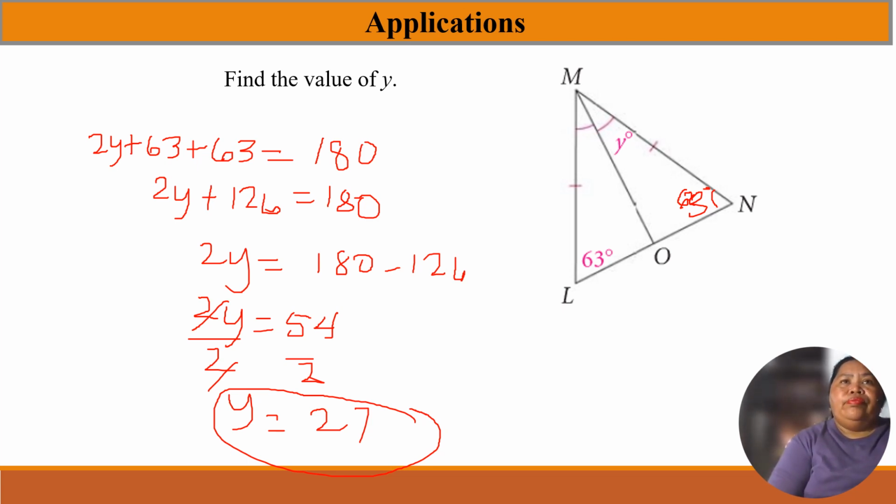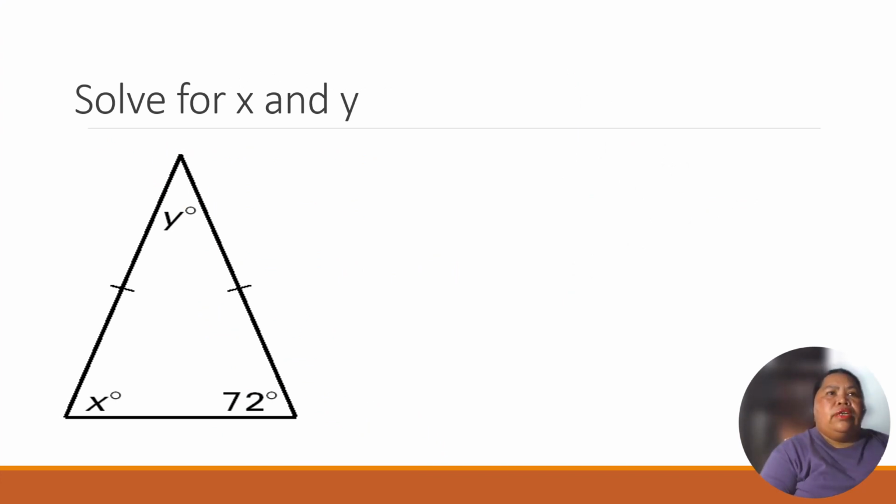Get it? Okay, so let's solve for x and y. If we analyze, first you will think, what could be the value of x? Since from the isosceles triangle theorem, if this is 72, that means this is also 72.